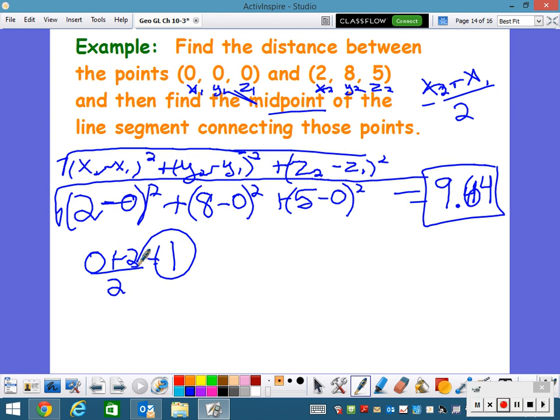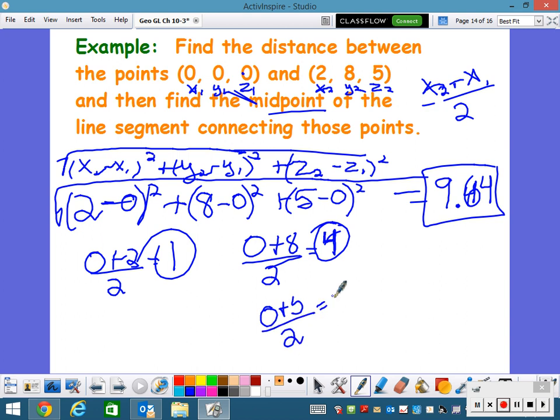Okay, and then you add up the y, 0 plus 8. 0 plus 8 divided by 2 gives you 4. Okay, and then you add up the z's, 0 plus 5 divided by 2 gives you 2.5.